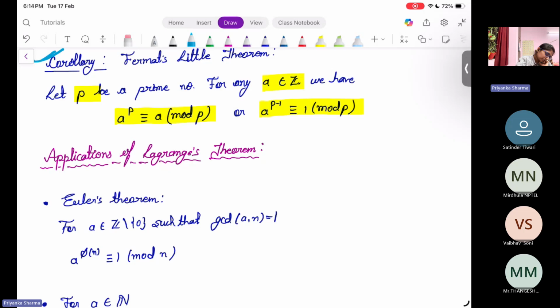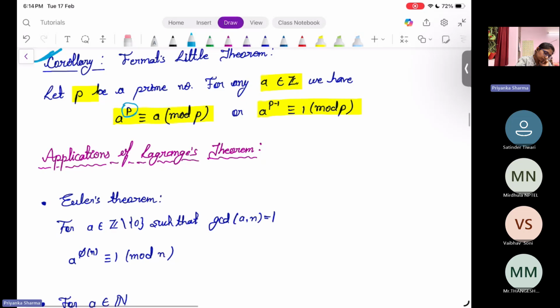Here, to get equivalence with 1, we consider A to the power P minus 1, which is basically A to the power phi of P, right? Where phi is Euler's phi function. So we can say that A to the power phi of P is congruent to 1 under modulo P.